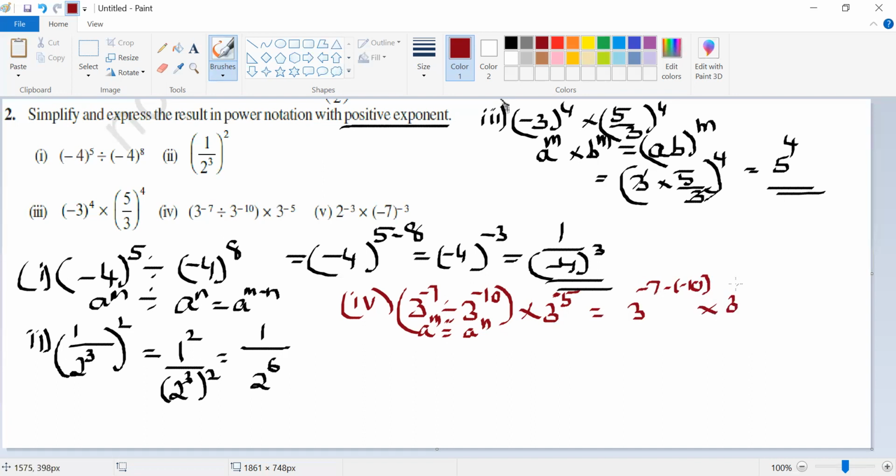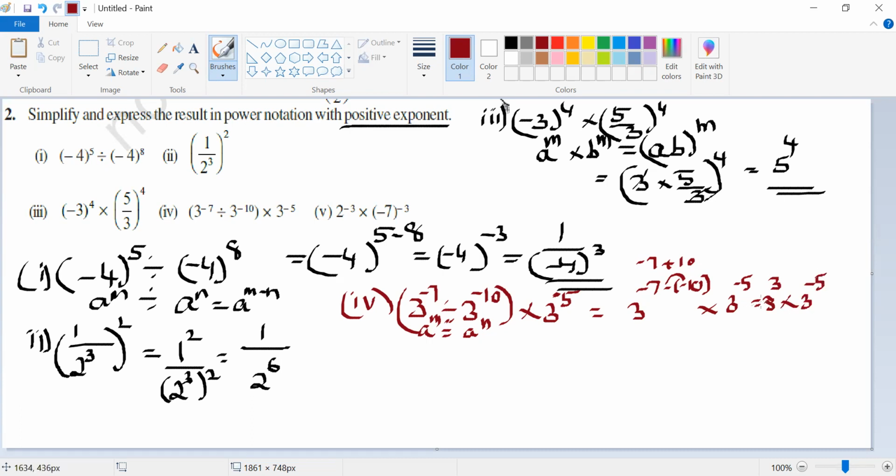Which is equal to 3 raised to, what will happen? Minus 7 plus 10, which is equal to 3. So this is 3 raised to 3 into 3 raised to minus 5.